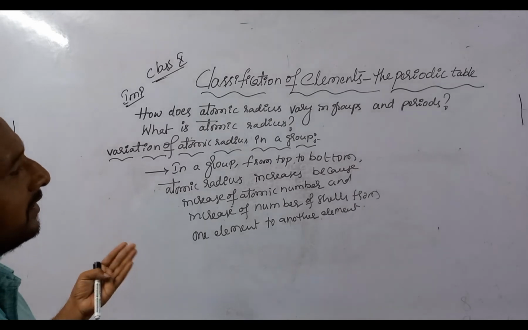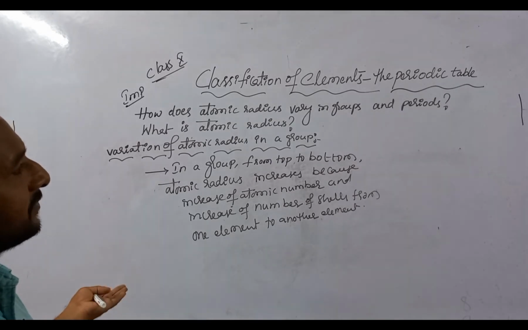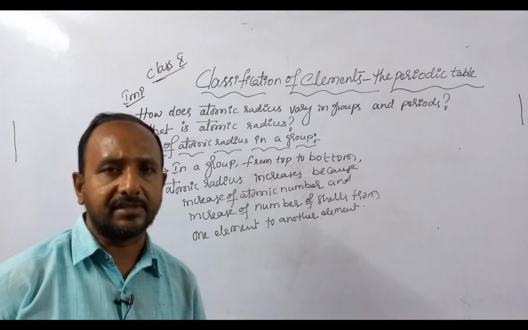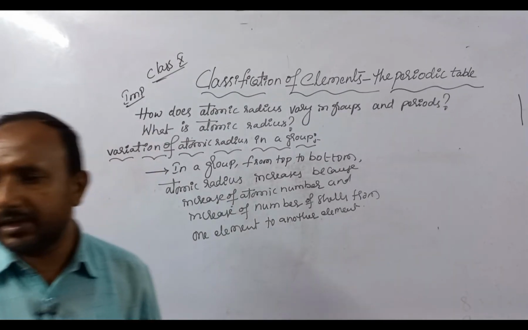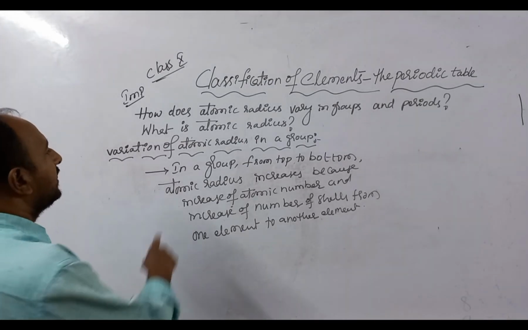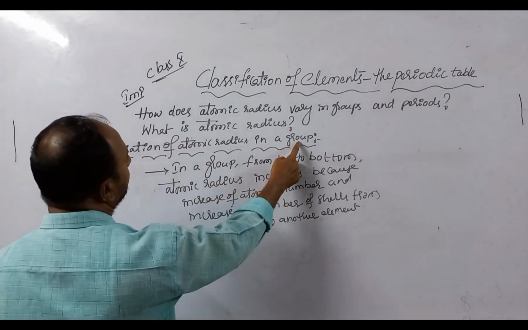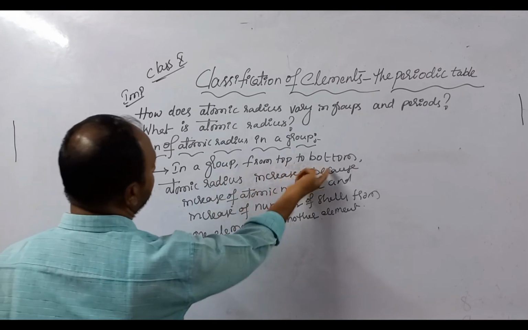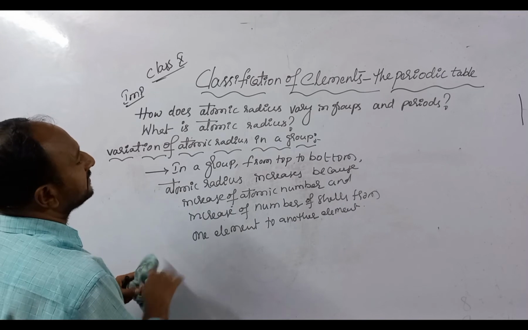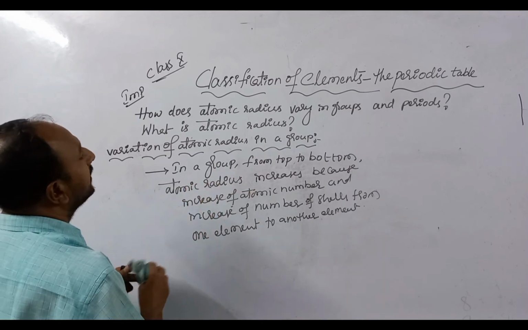Like that number of shells increases, and the distance from the center of the nucleus to the outermost shell also increases, students. Next, variation of atomic radius in a period. So variation of atomic radius in a group means top to bottom increases, bottom to top decreases.